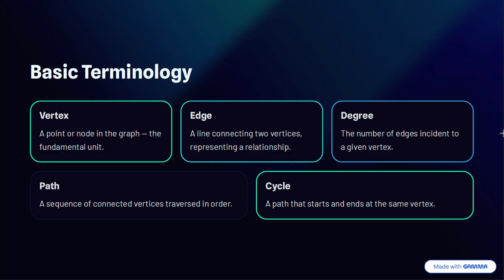Third is degree, the number of edges incident to a vertex. Fourth is a path, a sequence of connected vertices traversed in order. And fifth is cycle, a path that starts and ends at the same vertex. So these are the basic terminologies.